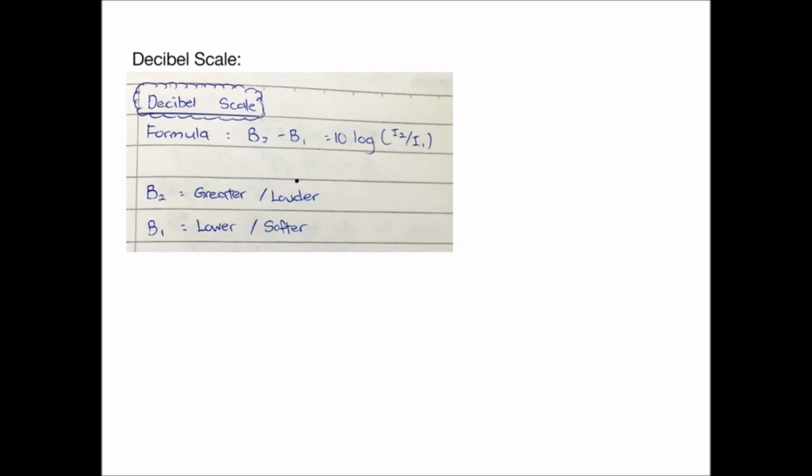B2 minus B1 is the difference in sound levels, and I2 over I1 is the ratio of their sound intensities, where I is measured in watts per square meter, which is W over m squared.